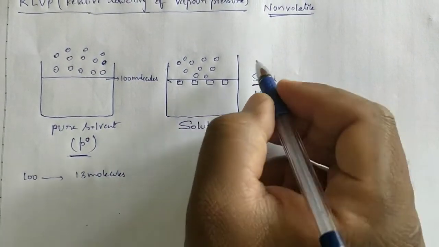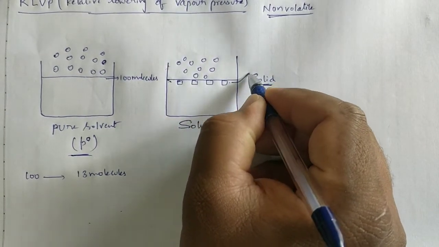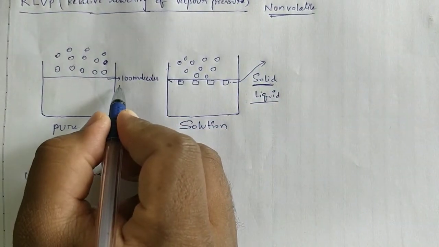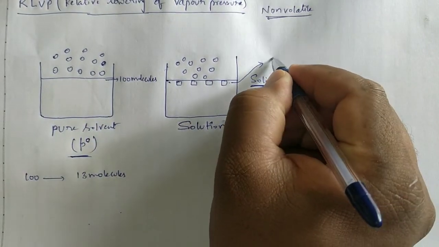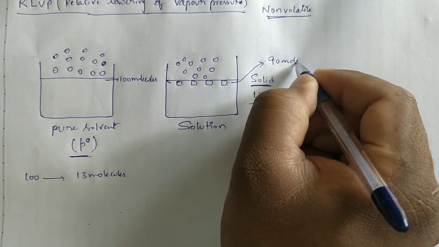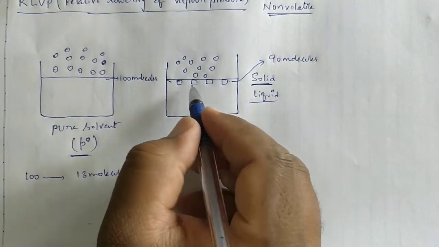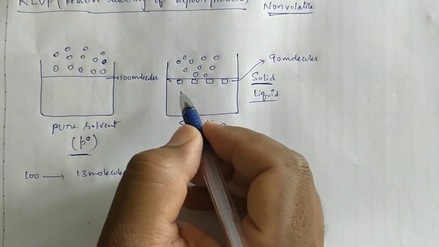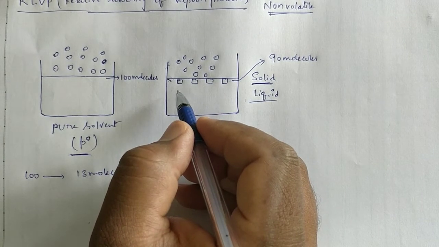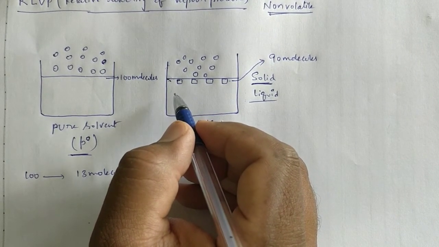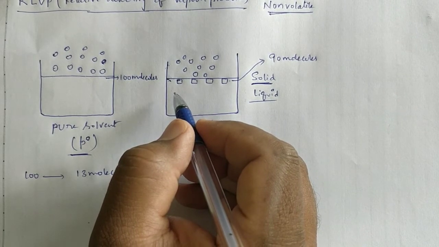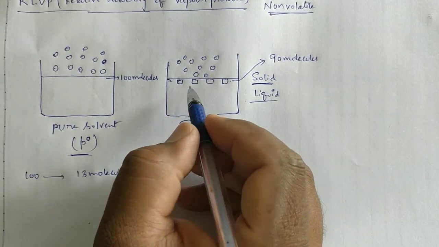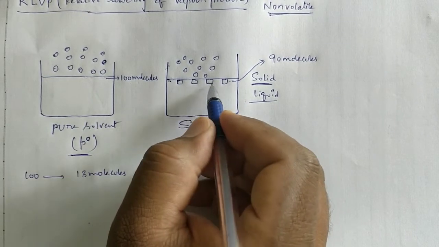Then coming to the surface of solution, previously how many molecules were there? 100 molecules. Now 100 molecules will not be there. Only 90 molecules are present, because those 10 positions are occupied by solid solute, but those solute particles are not volatile, so they cannot be converted to gaseous state.